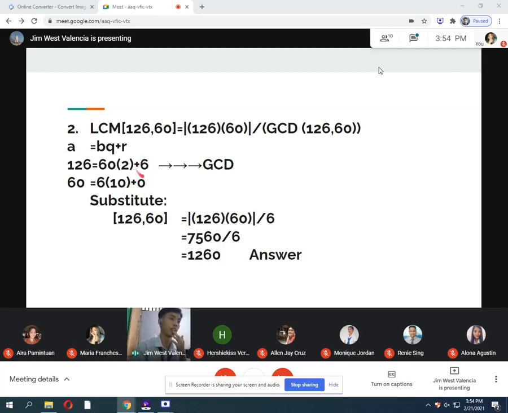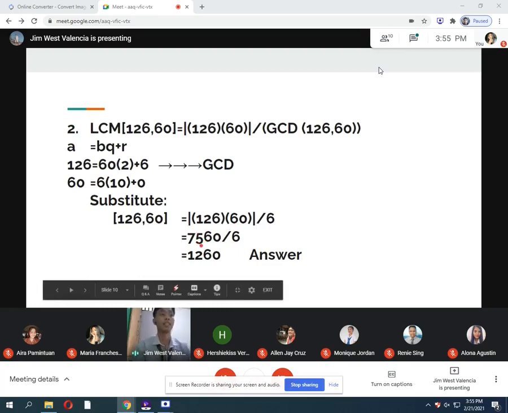So, our GCD of 126 and 60 is 6. So, we can now substitute to the formula. Product of 126 multiplied by 60 divided by 6. So, 126 times 60 is 7,560, divided by 6, and the final answer is 1,260.